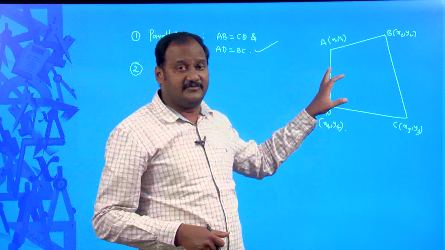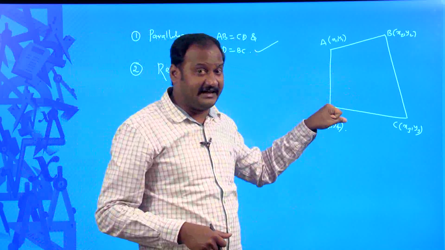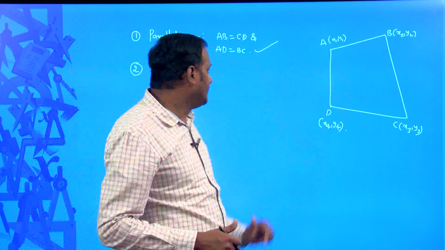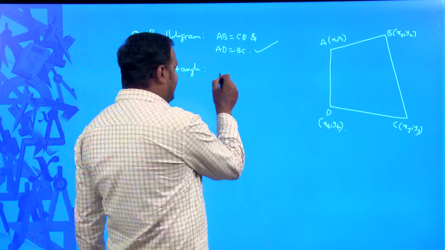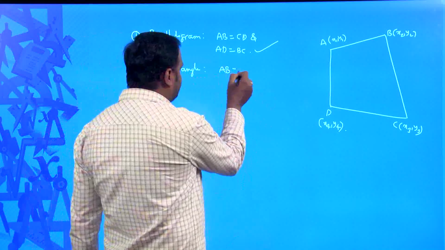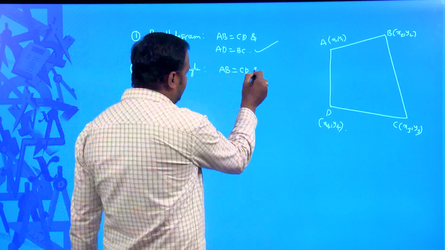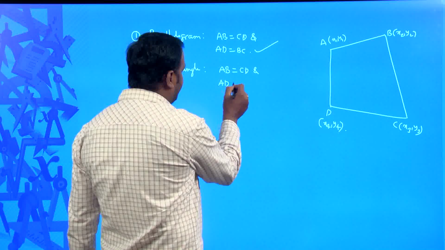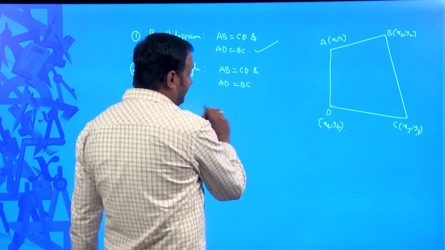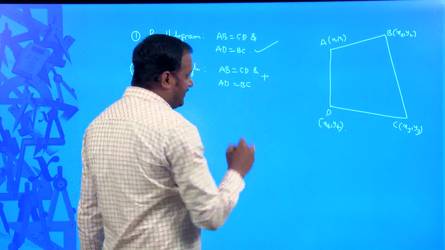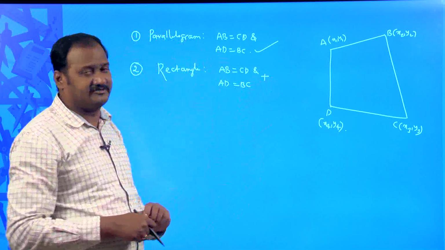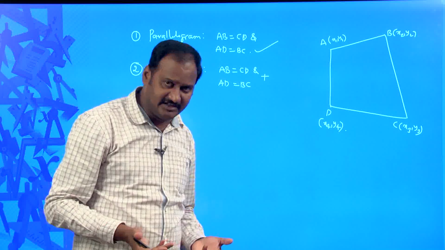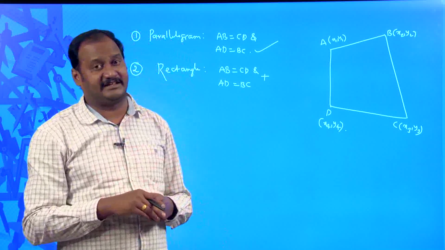So, in order to prove that they are the vertices of a rectangle, definitely you will have to prove that opposite sides are equal, AB and CD are equal, AD and BC also equal. Then you cannot stop. Because if you just prove AB equal to CD, AD equal to BC, it can be a parallelogram also, right?